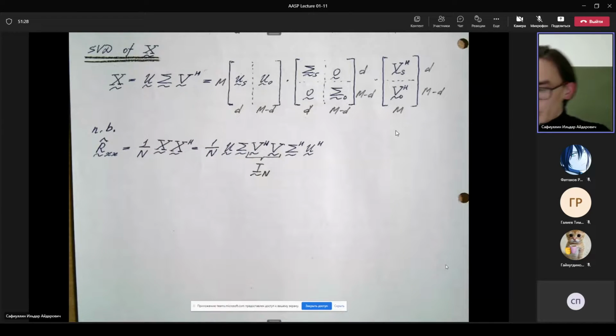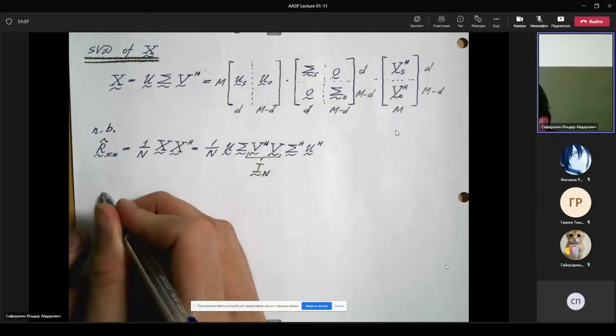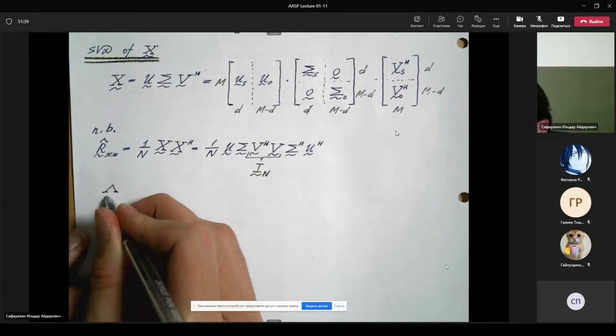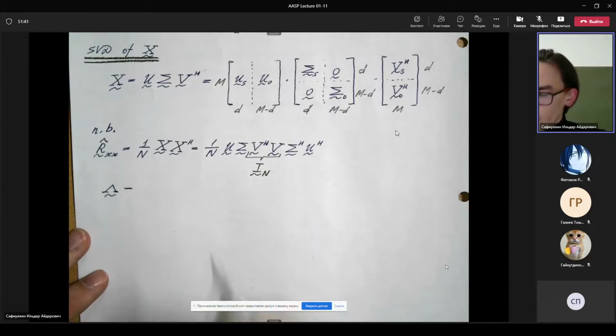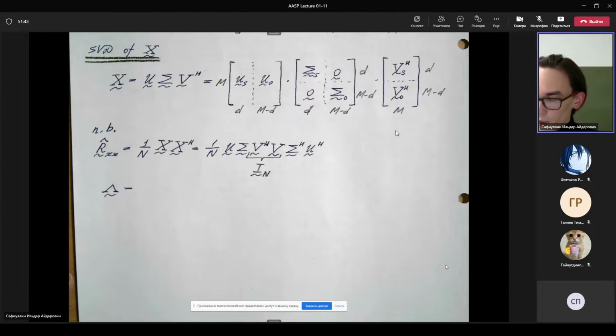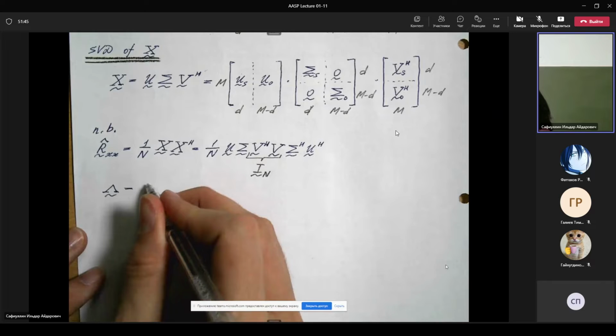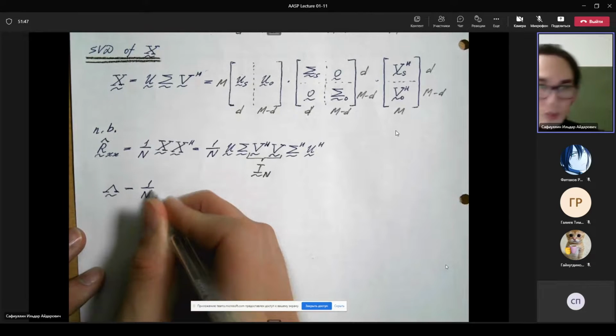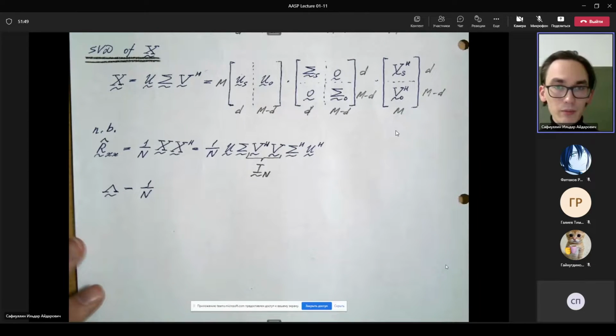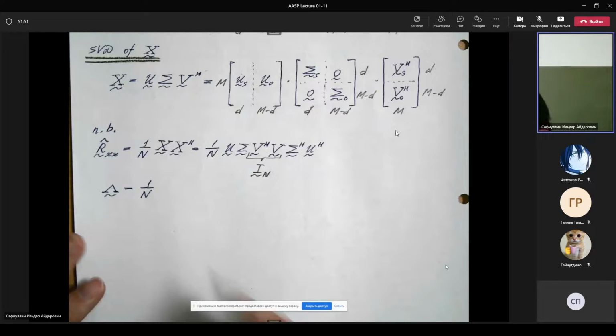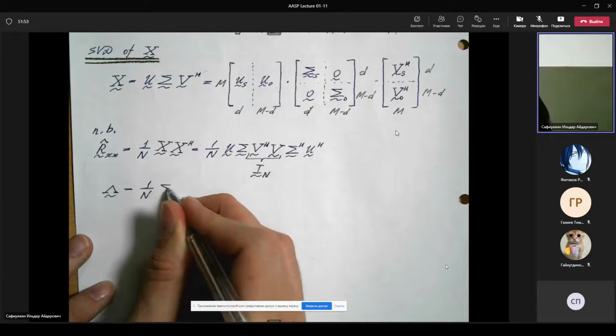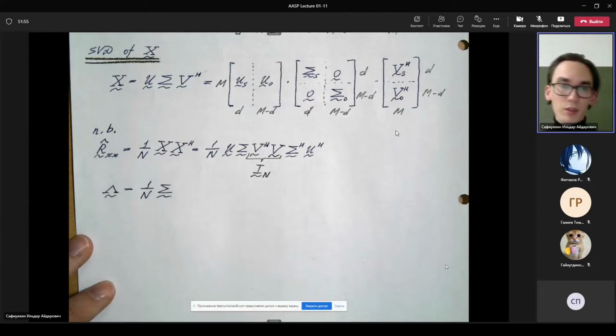And then we can write down for eigenvalues matrix, lambda. This one is equal. First, we write the averaging coefficient, so 1 divided by n. And here we have sigma times sigma transpose.